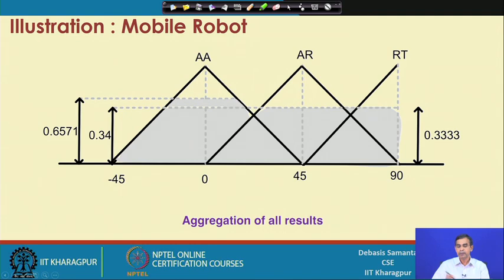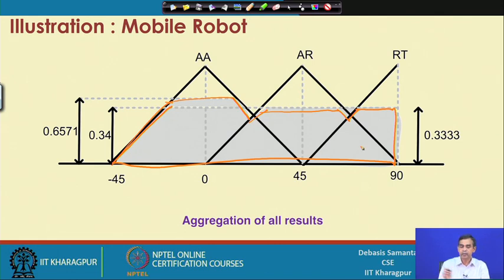If we plot the 4 different outputs on the same graph, the graph will look like this. This is the output graph for the 4 rules related to the input x and theta. X is 1.04, theta is 30 degrees.